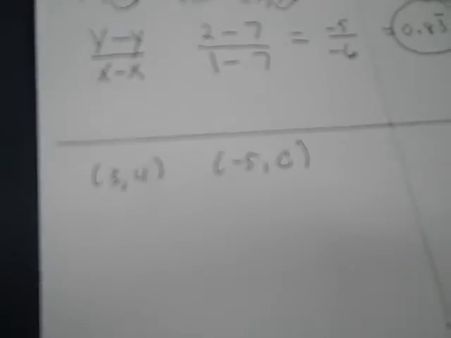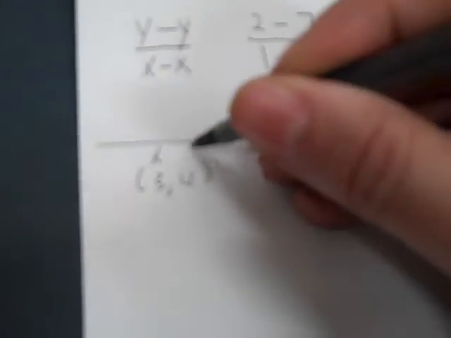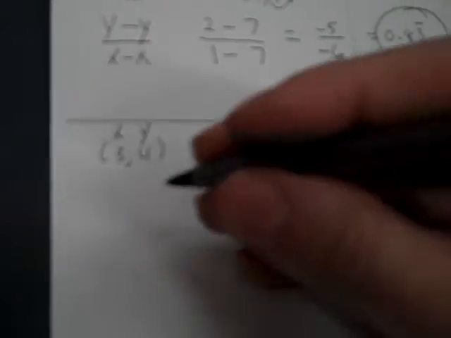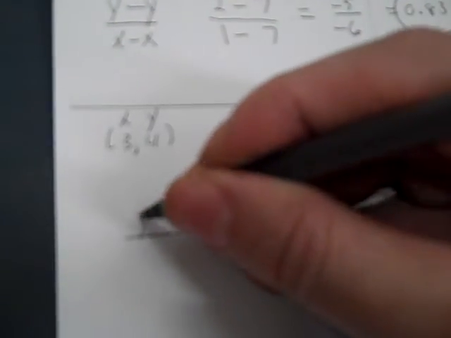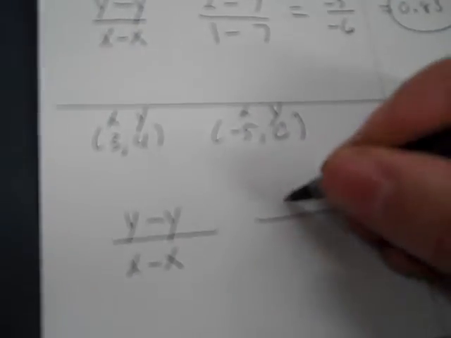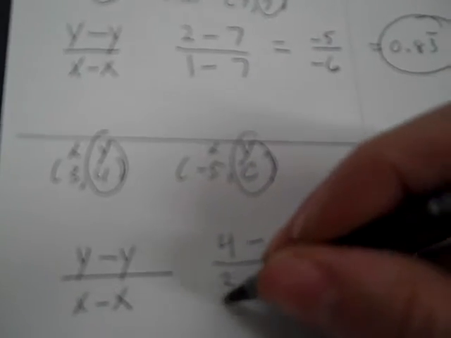Okay. 3, 4 is the first point, and then 5, 0 is the second, x y, x y. And we are going to be going y minus y and x minus x. So here are my y's, 4 and 0. So I'm going to take 4 minus 0, and then I'm going to put 3 and negative 5.